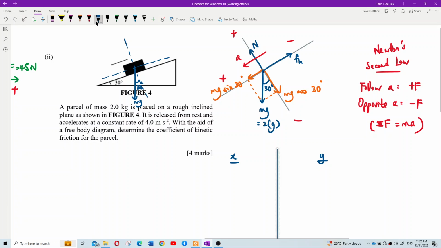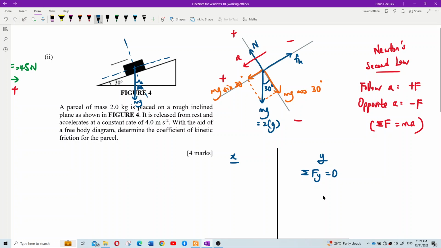First I start with the y component. Total Fy is equal to 0 because the block is not moving in the y component. It's in equilibrium in the y component.